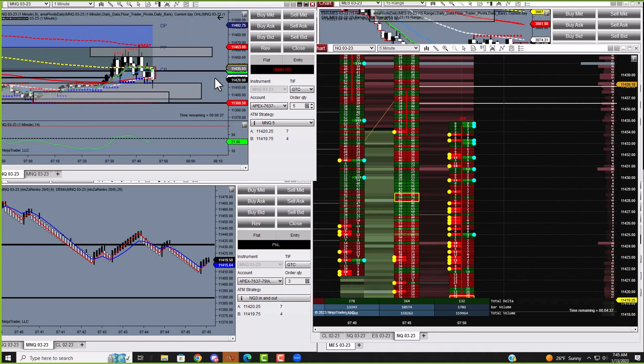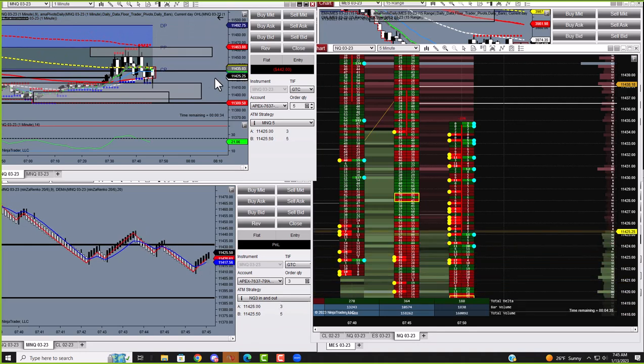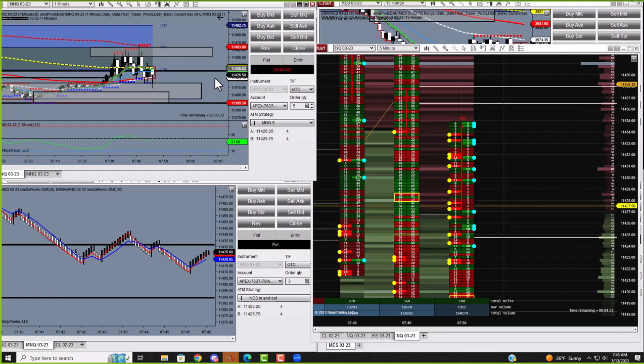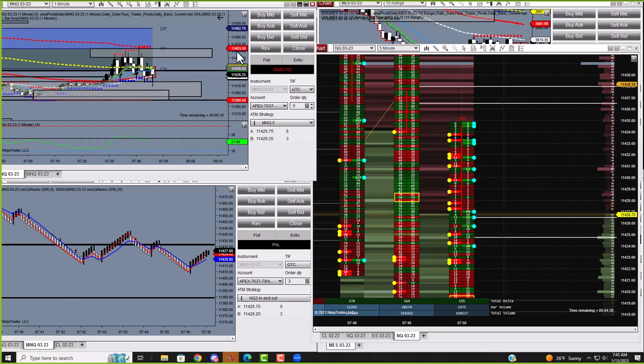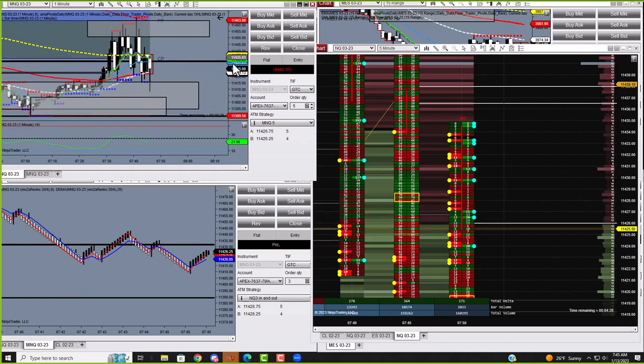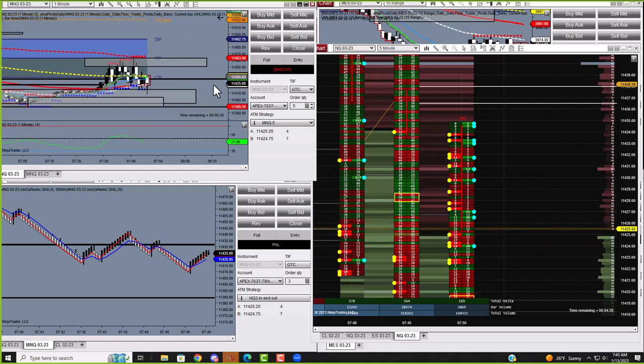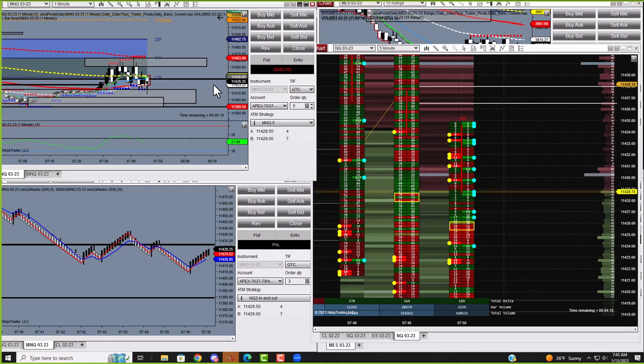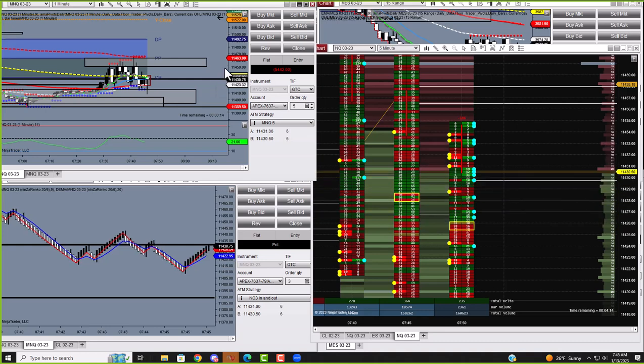It's long. My stop's not big enough. Look at that.